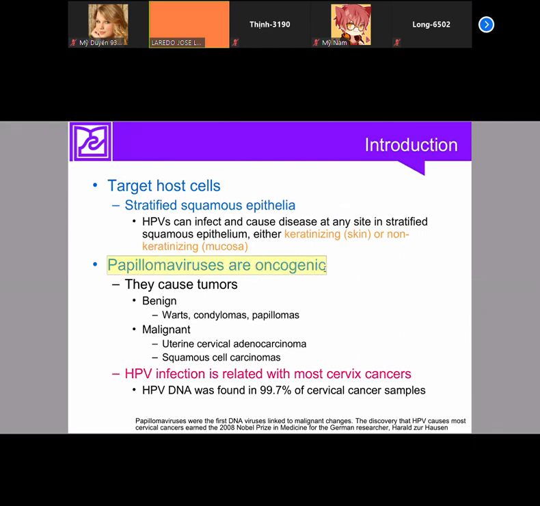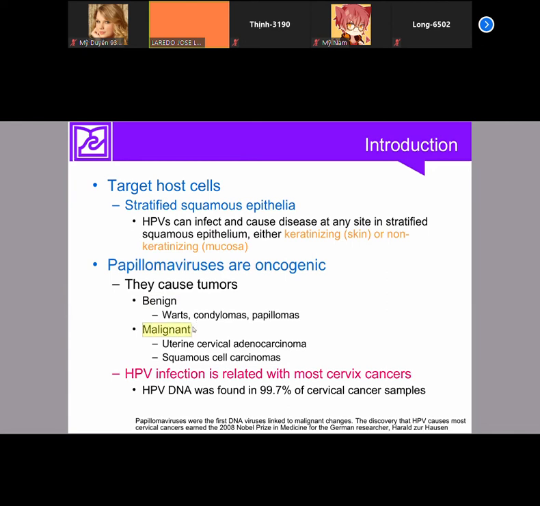Papilloma viruses are oncogenic. They can cause cancers. So currently, you know 4 viruses that are oncogenic: papilloma viruses, hepatitis B, Epstein-Barr, and Kaposi sarcoma virus. Papilloma viruses cause tumors. These tumors most times are benign. However, sometimes, not many, these tumors are cancers, so malignant tumors.